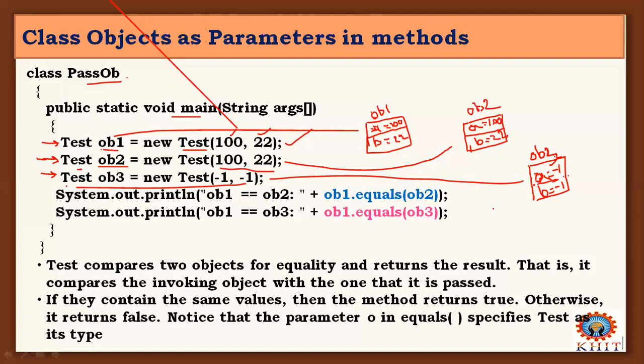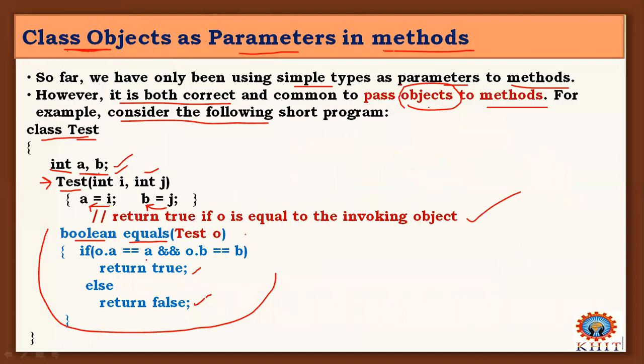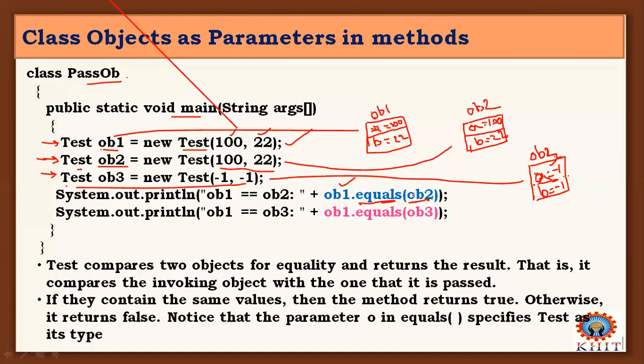Now see the magic here. I am displaying the returned information when calling the equals method with object 1: ob1 dot equals, passing ob2 as a parameter. We know that this equals method expects one object of the same class as a parameter.